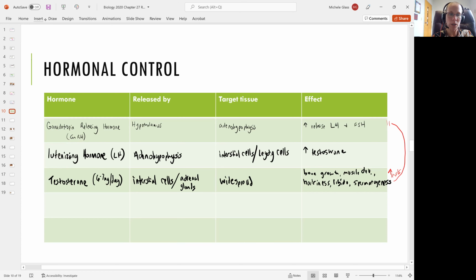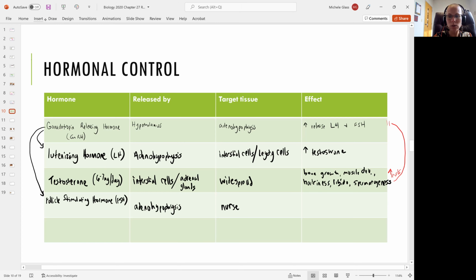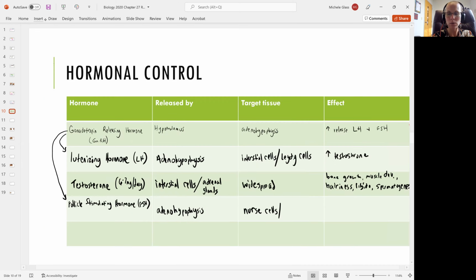Okay, we also talked about gonadotropin releasing hormone triggering the luteinizing hormone as well as the follicle stimulating hormone, which is abbreviated FSH. So again, this is being released by the adenohypophysis. And this time we're going to be targeting those nurse cells, or we can also call them the Sertoli cell.